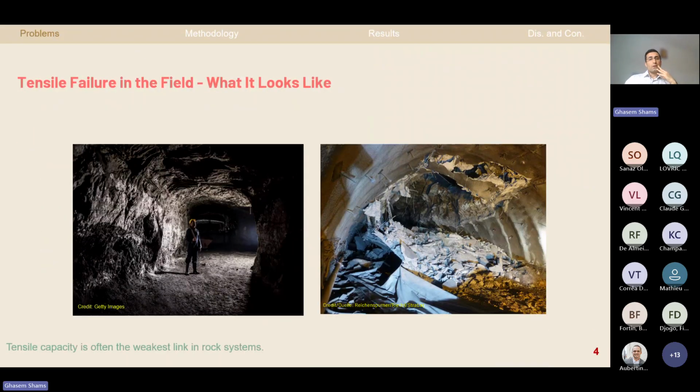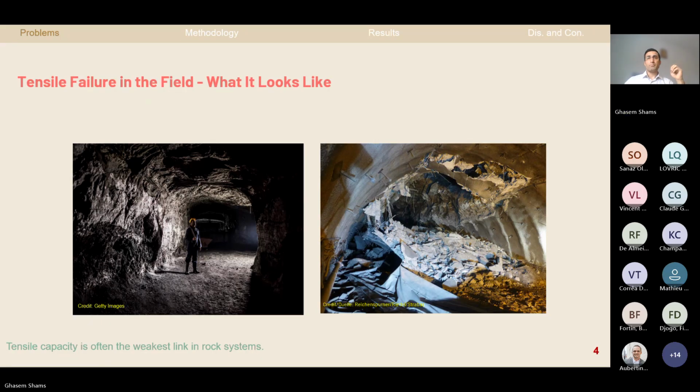And here are a few examples of what tensile failure looks like in the field. On the surface, we often think these failures are dominated by gravity or by shear movement. But in reality, the very first stage of these events is almost always tensile cracking. Therefore, the tensile cracking or tensile strength of rocks and other materials is very critical and crucial.